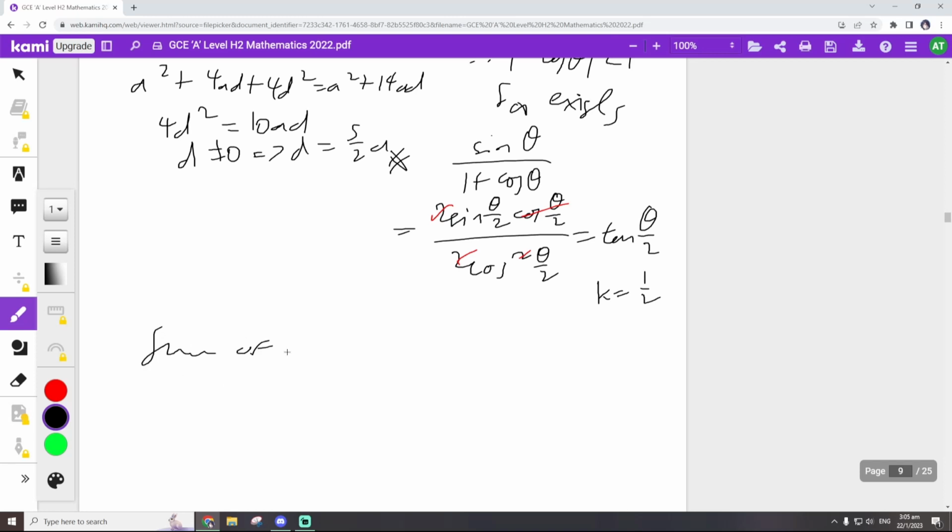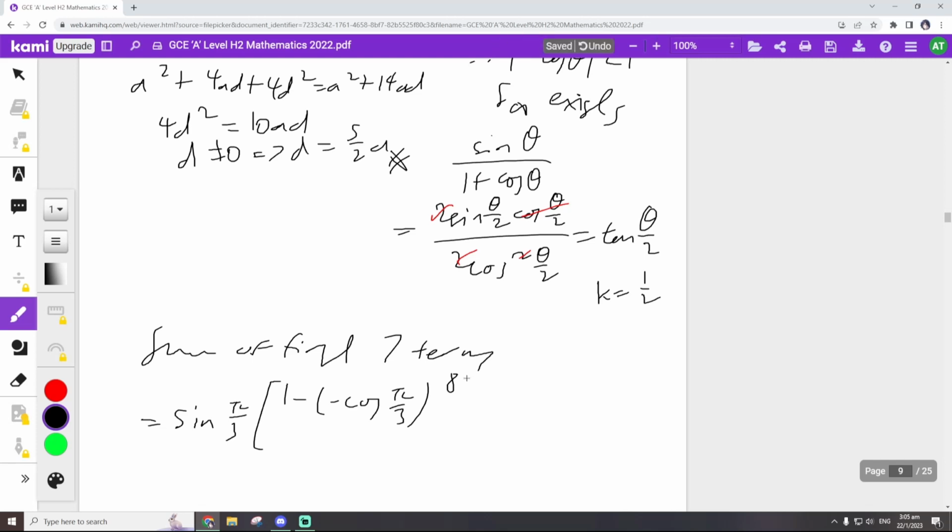So it is the first term, sine pi over 3, times 1 minus negative cosine pi over 3, to the 8th power. Sorry, to the 7th power. Divide by 1 minus the common ratio.